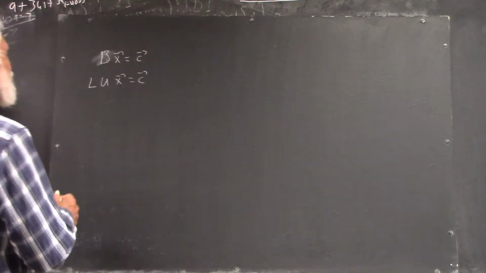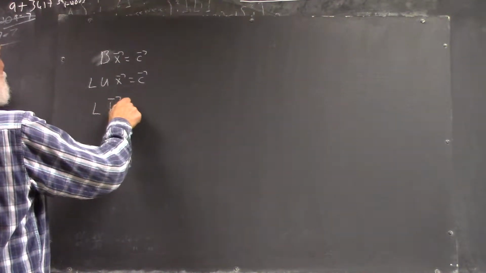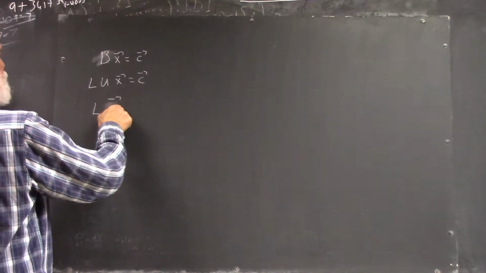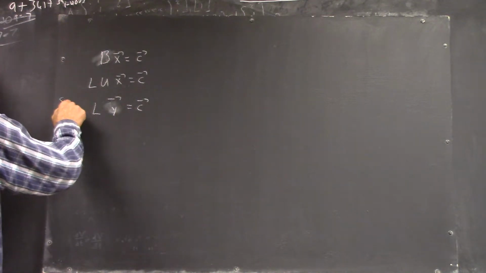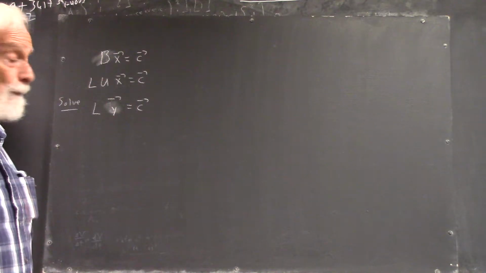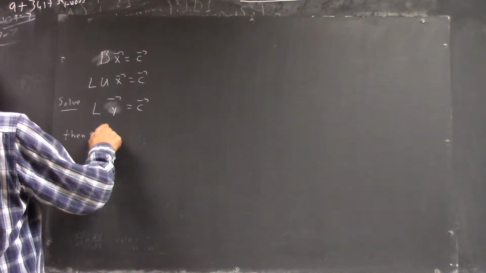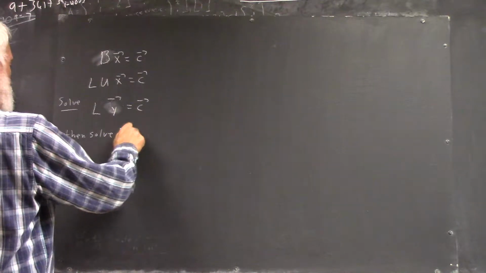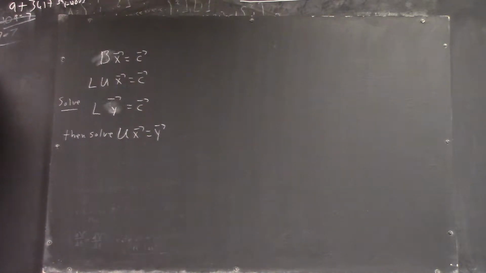So, we have this. Now, our strategy is going to be to solve Ly equals C. Then we're going to solve Ux equals y.